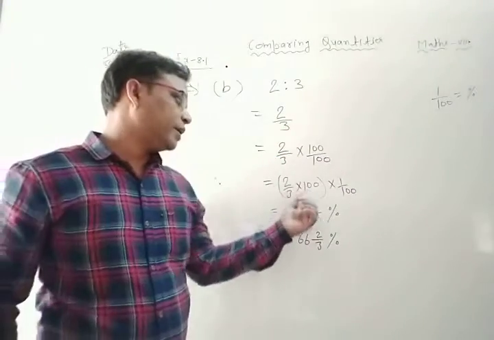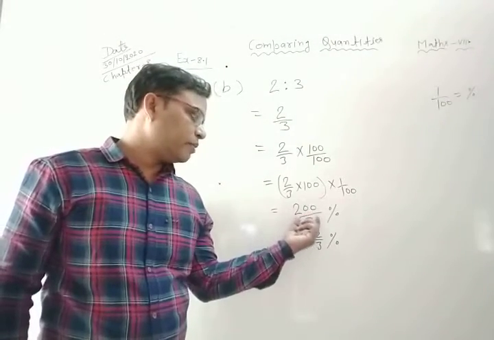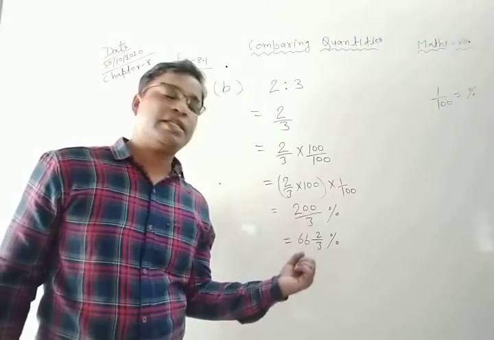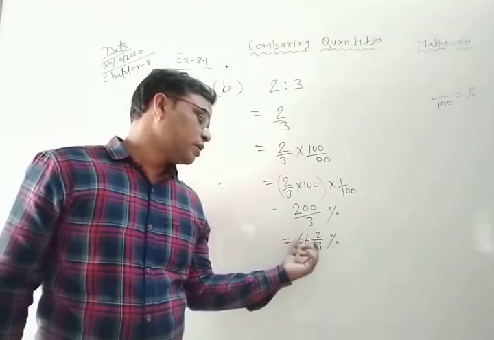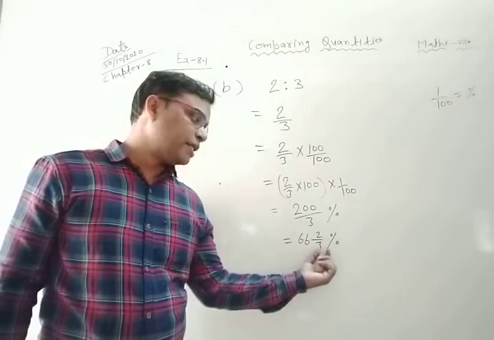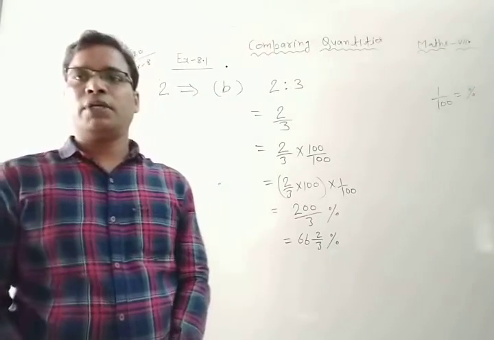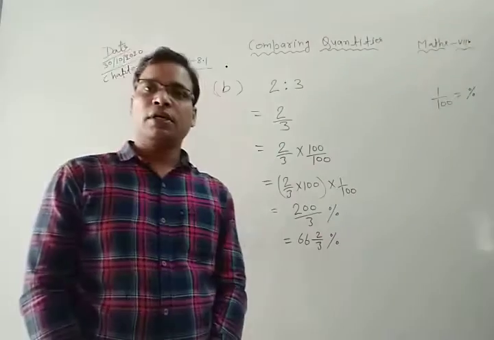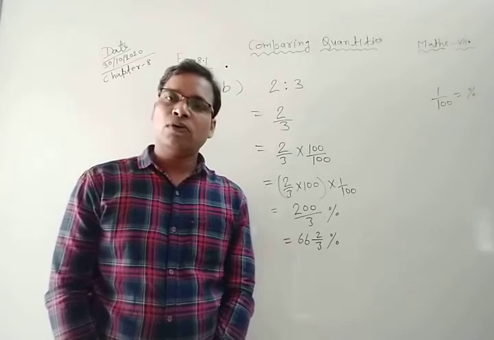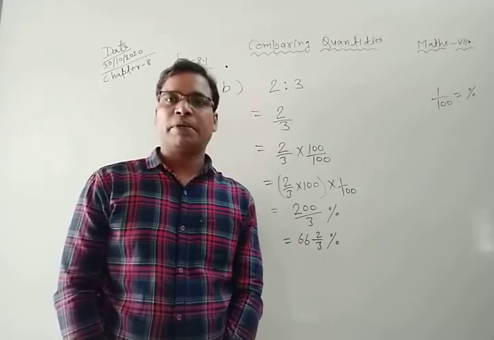So 2 into 100 becomes 200 by 3, 200 by 3 percentage. If you divide 200 by 3, then you will obtain 66 whole 2 by 3 percentage. So students, I hope all of you understood question number 2, how to convert the given ratio into percentage.